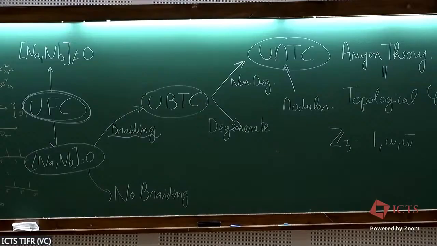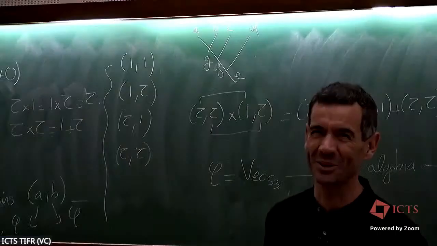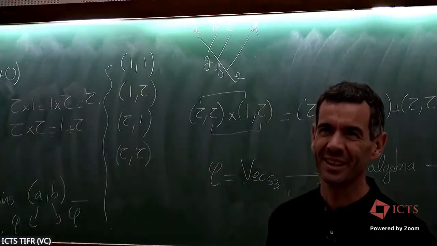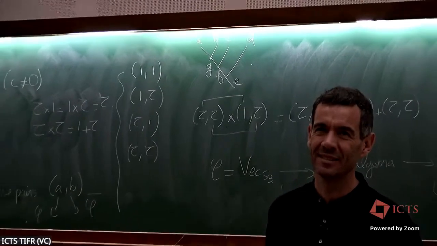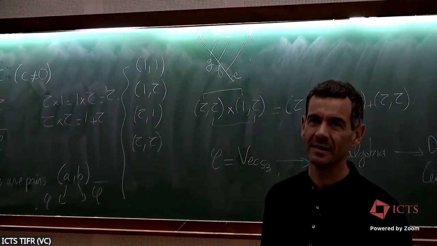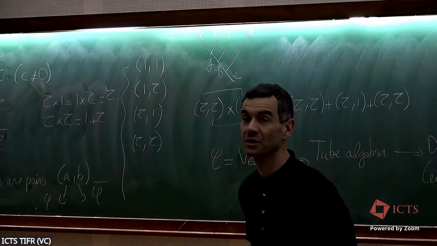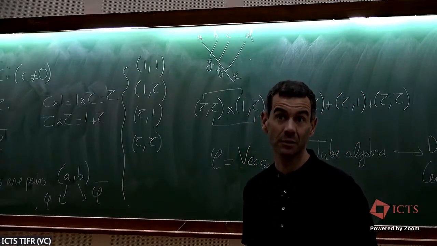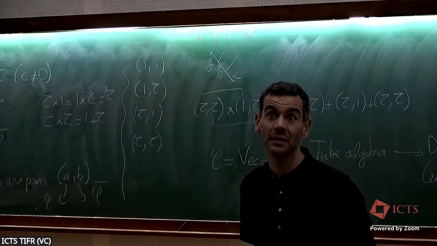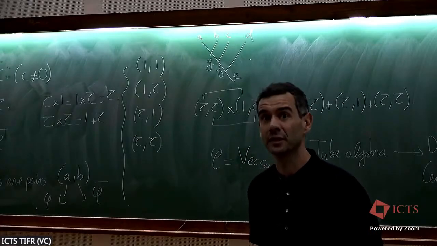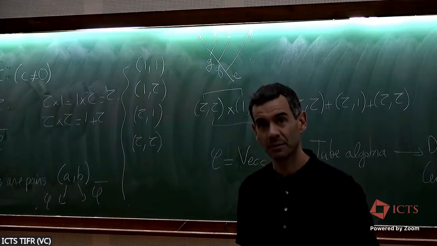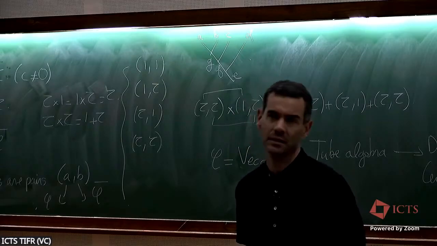This can hardly be explained with simple words. It's related to the fact that when your central charge is non-vanishing, you have chiral edge modes. And when you have chiral edge modes, you have a non-vanishing specific heat at the edge.